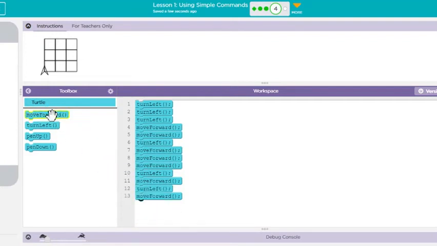Let's make sure that we're on the right track. I'm going to press run.